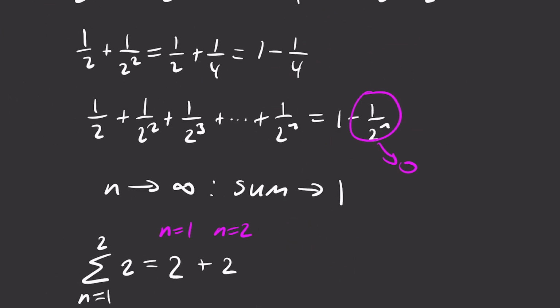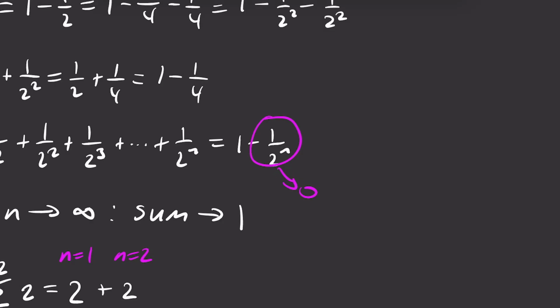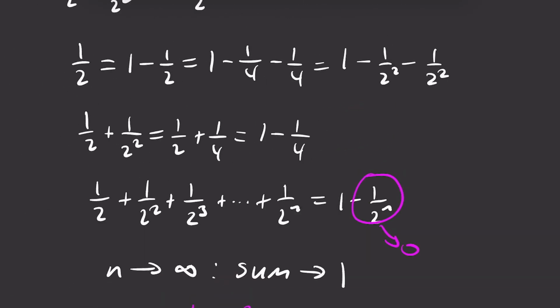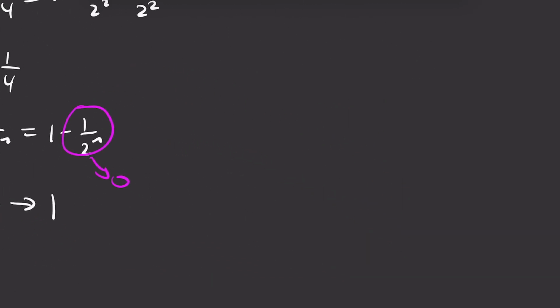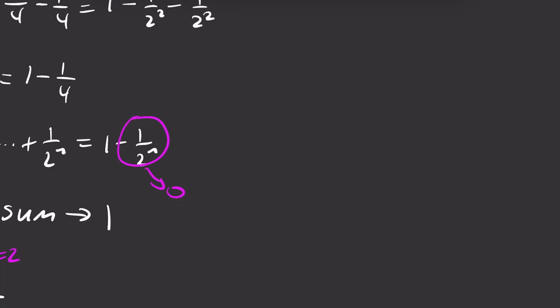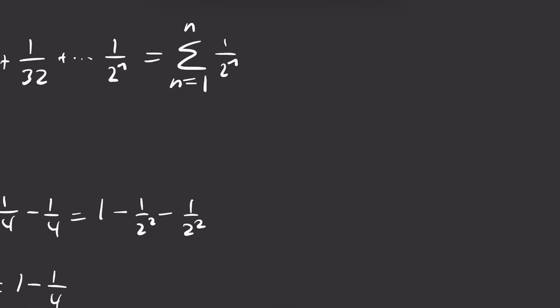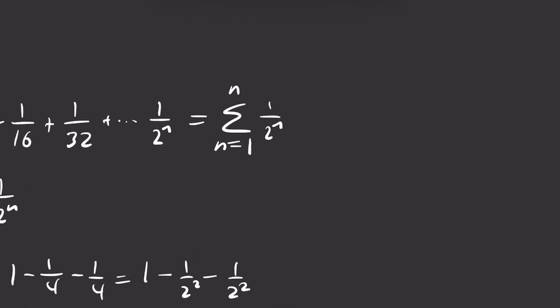And so what we've shown here through this little investigation is that we can write this whole thing, right? As n approaches infinity, the whole sum approaches 1. The way we mathematically express that is the limit as n approaches infinity of the sum from when n equals... actually wait, I think I should replace this with an i, because it's kind of confusing.